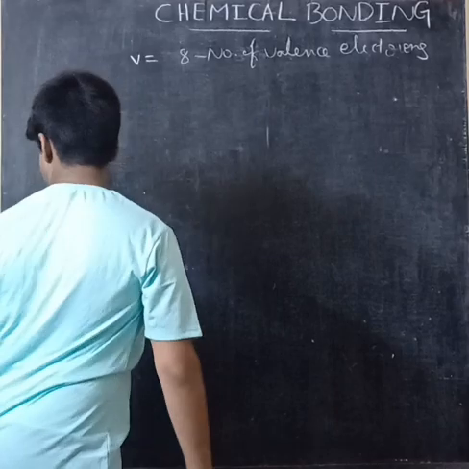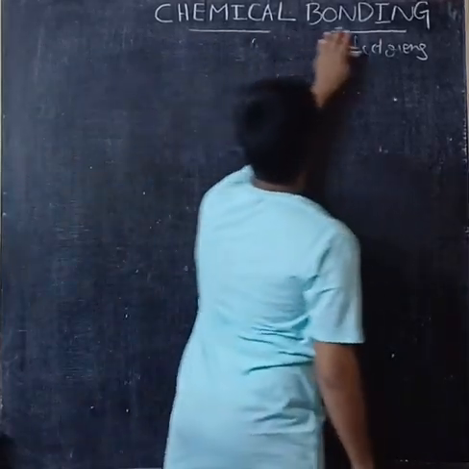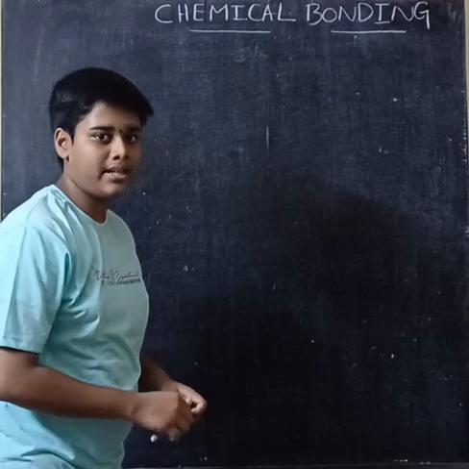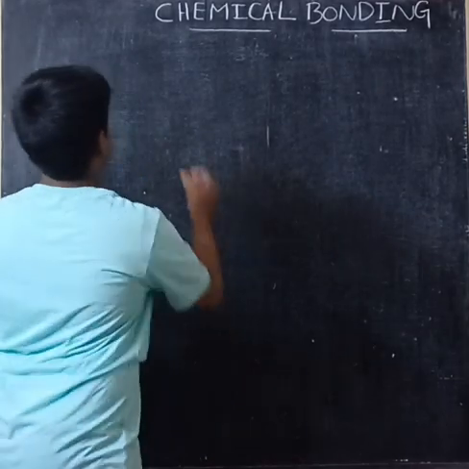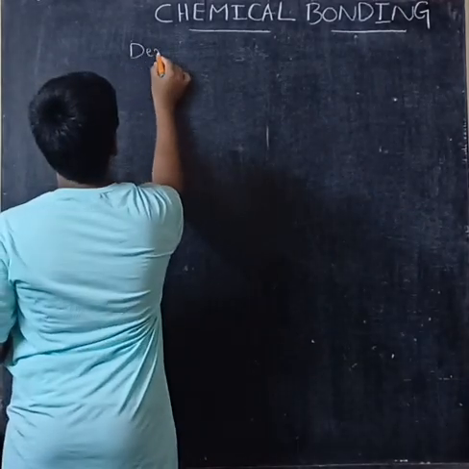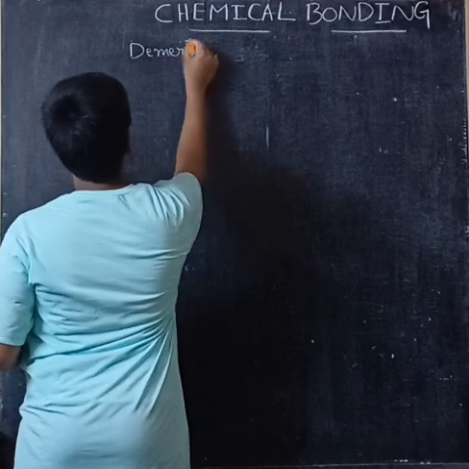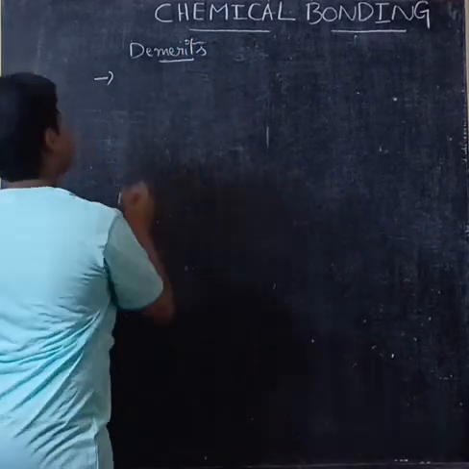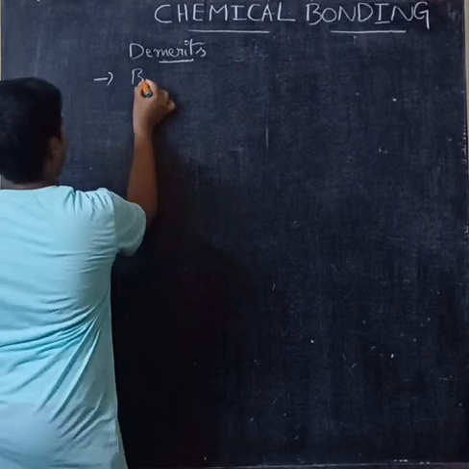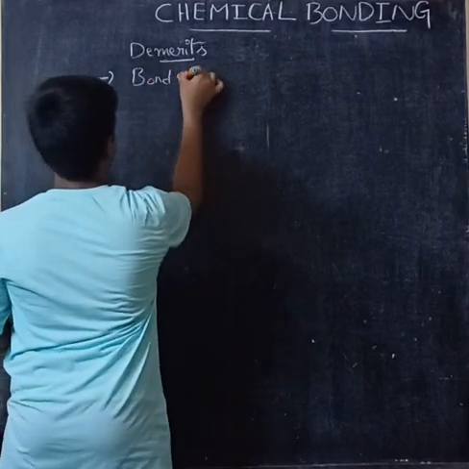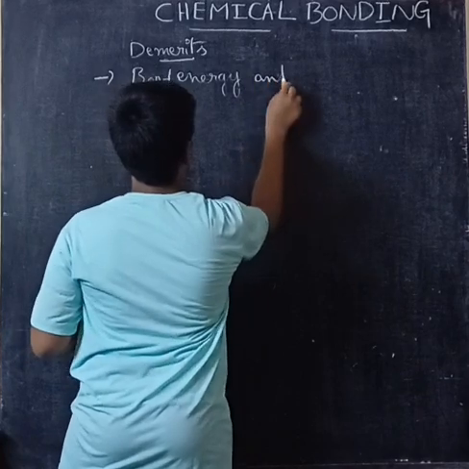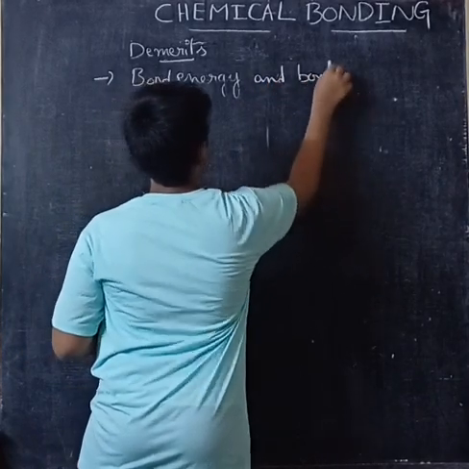Okay, and this Lewis atomic theory failed to explain bond energy and bond length. What are the demerits of Lewis atomic theory? The first demerit is that it failed to explain bond energy and bond length.